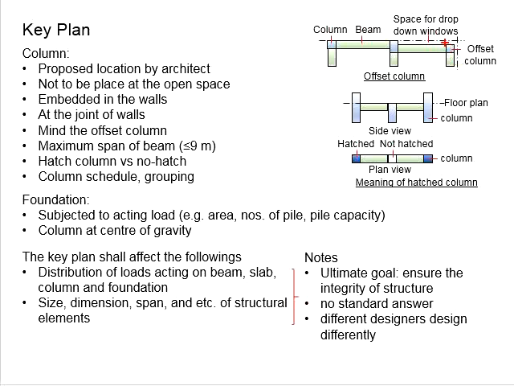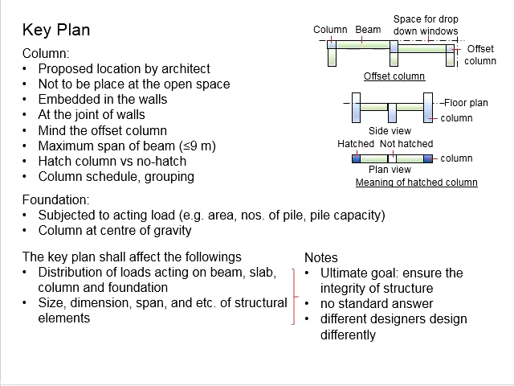That means the architect purposely offset the column here so that the window can fit in, and so that the view of the structures is properly aligned throughout the walls.